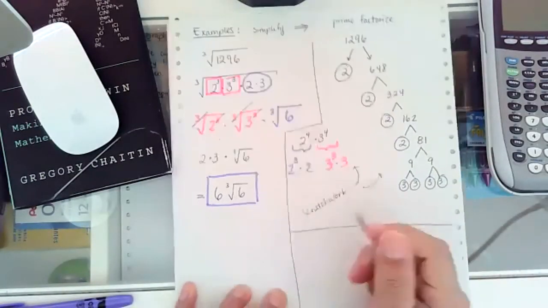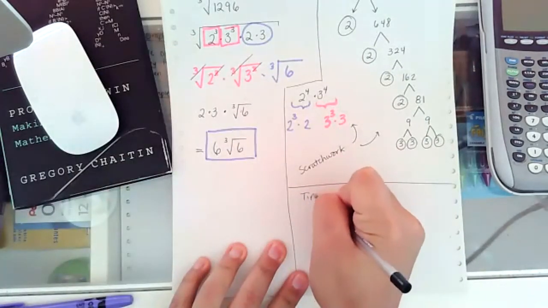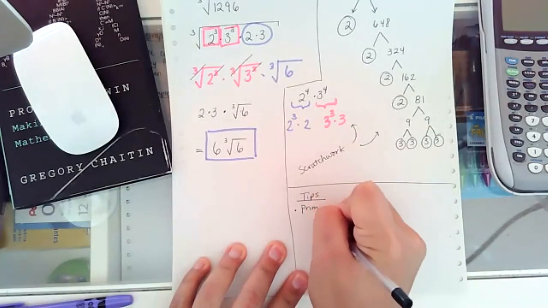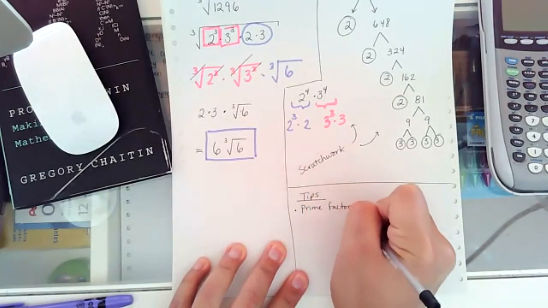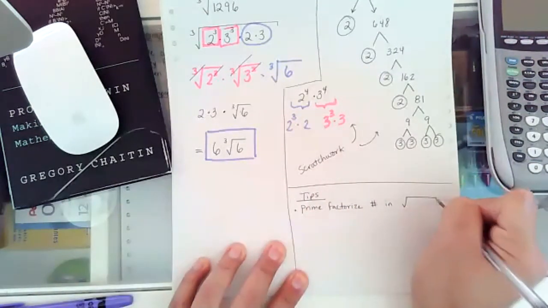Okay, so these are going to be like the tips for working these problems. Prime factorize the number in the radical.